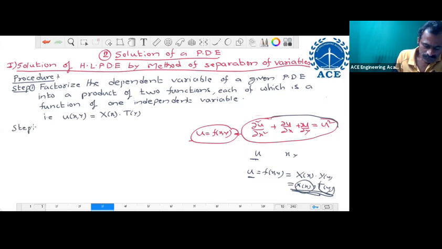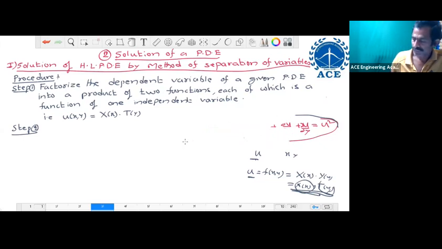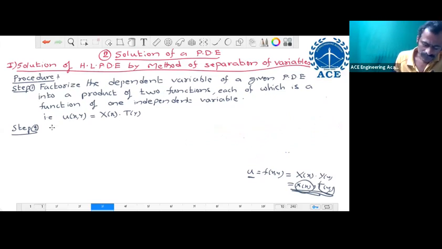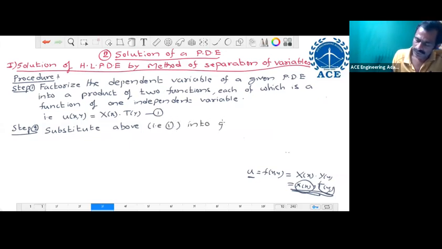Step number 2: Substitute the above, let us suppose this is equation 1, into the given partial differential equation. Substitute the above, that is equation 1, into the given partial differential equation.